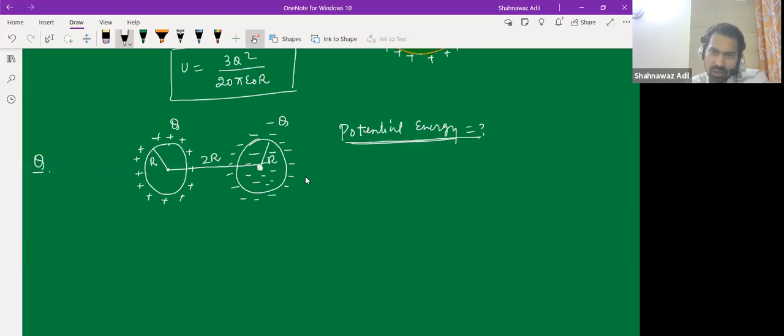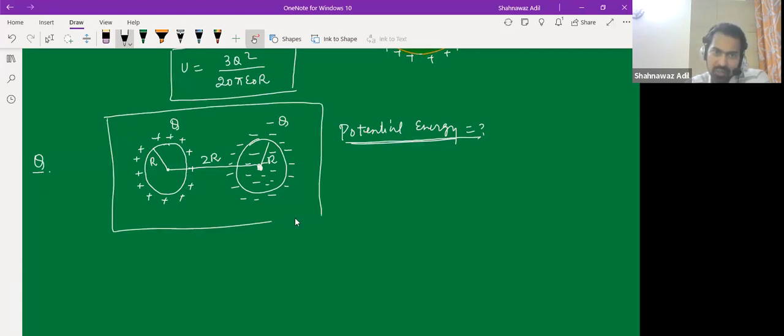We want to calculate the potential energy of this system, but we have two spheres. For this sphere, there would be some self-interacting energy, and for this sphere also. They are interacting with themselves, but they are also interacting with each other. So we'll have three energies.